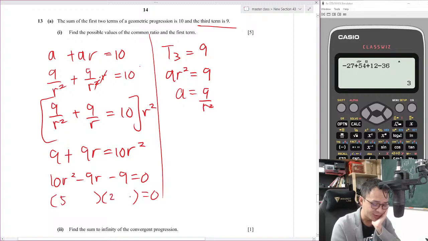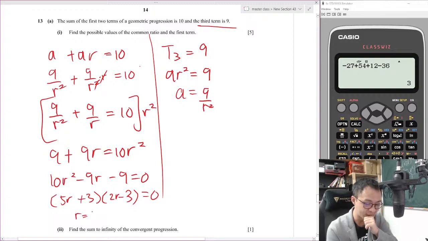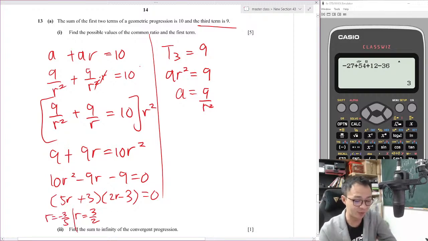Then I will get 3, 15 and 6. Yeah, can. So then I will get negative and positive. Okay, so R equals 3 over 2 or R equals negative 3 over 5. Yep, I got both answers.